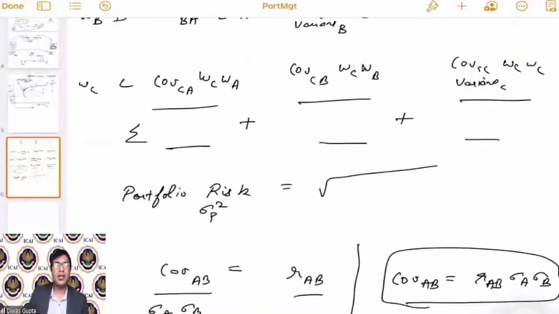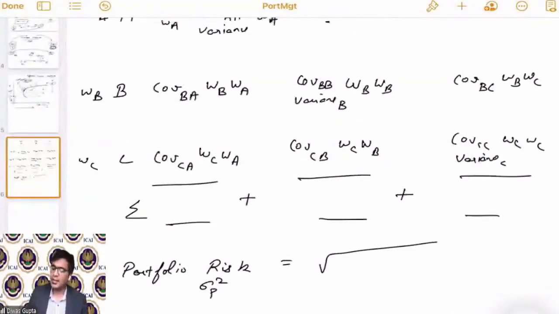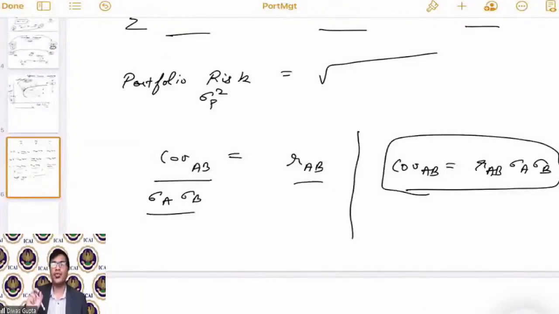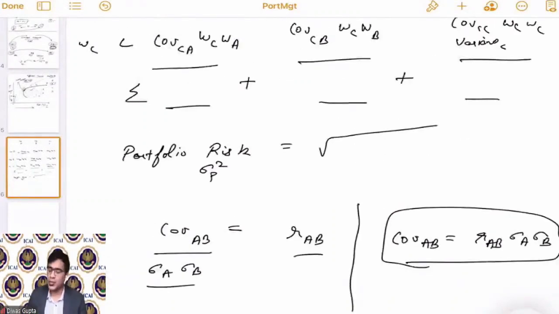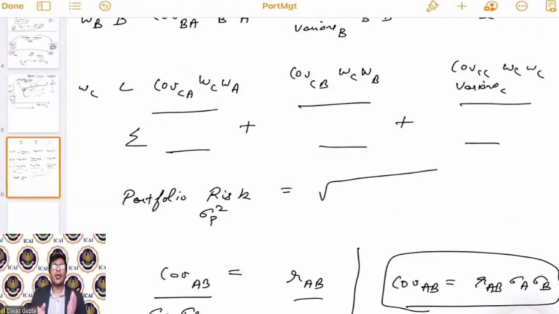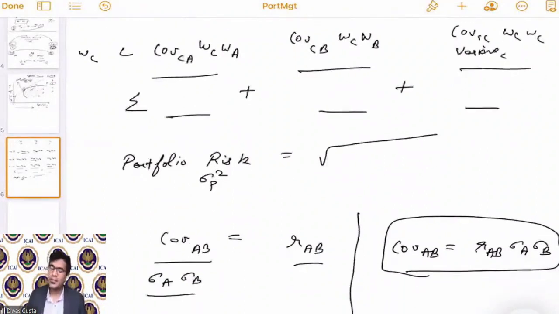I can just rewrite the formula by replacing all the covariance AB by the correlation coefficient multiplying the respective standard deviations. Okay, students, I hope this is clear. So now it depends. Whichever is the easier part given in the question, you can adopt either the covariance or the correlation coefficient.